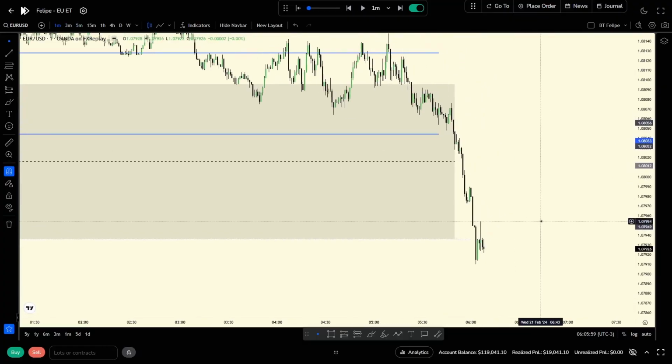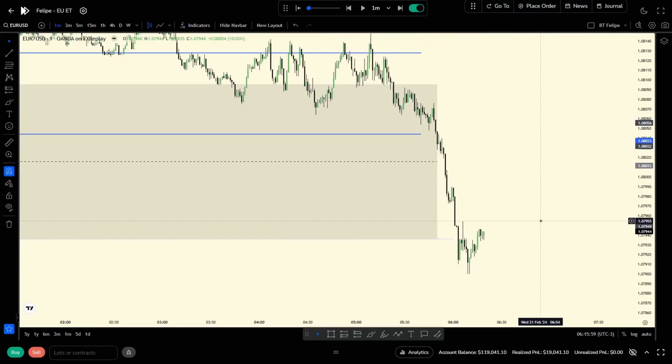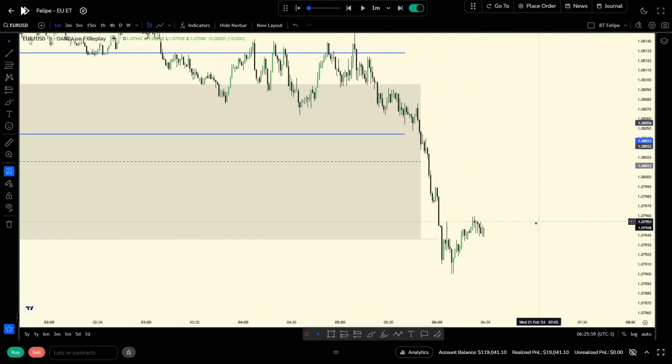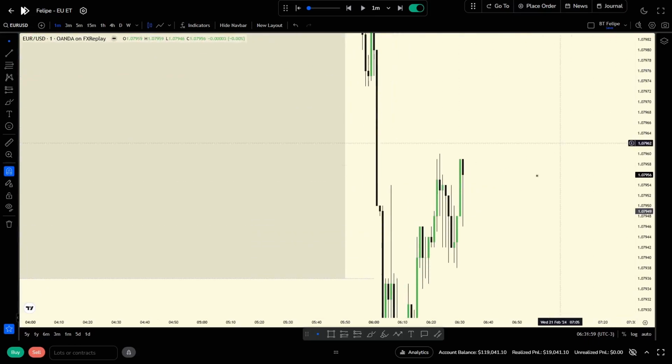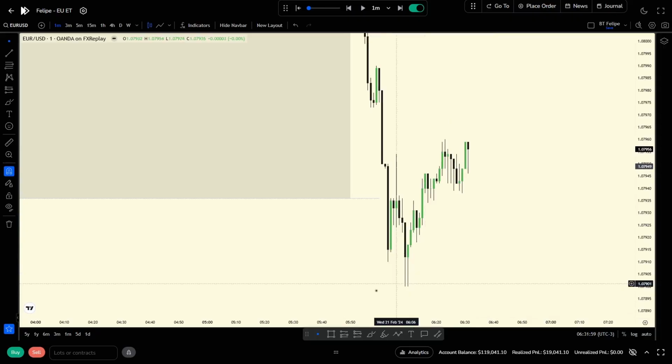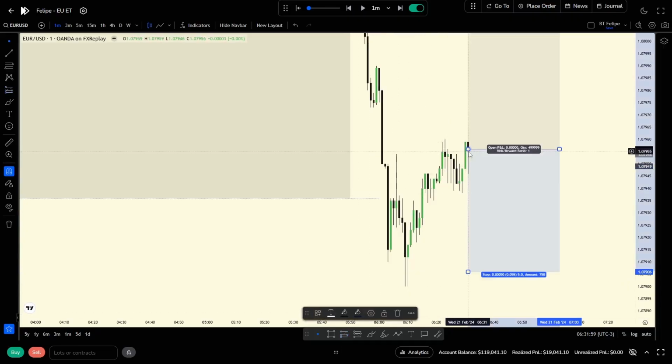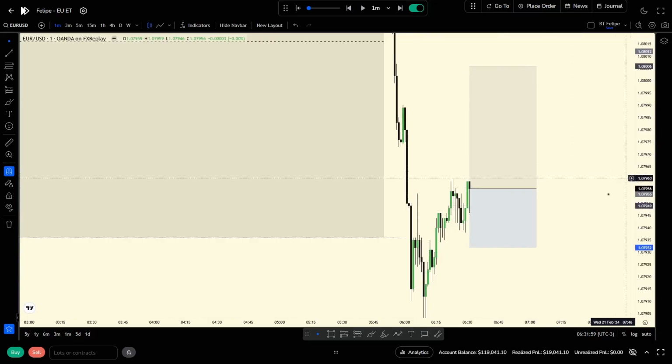Now longing here would be better. Just need the setup. Yeah, here there was one. Can do market. This top is very small, so I'll use below here.